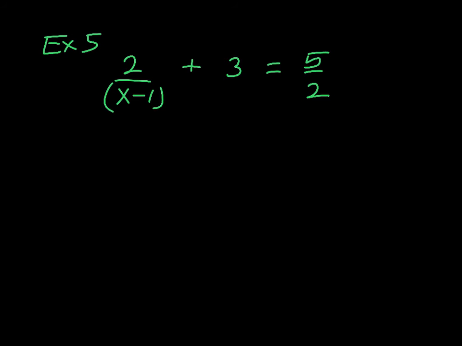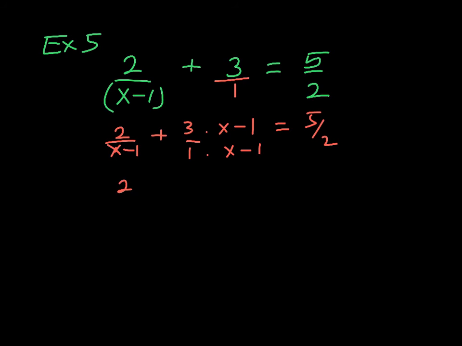Here we want to add 2 over x minus 1 to 3 and then equate it to 5/2. Remember, 3 is the same as 3/1. So we can now go ahead and convert them to like fractions. So this is going to be 2 over x minus 1 plus 3 times x minus 1. Remember, you want to multiply by the opposite denominator, and 1 times x minus 1 is equal to 5/2.